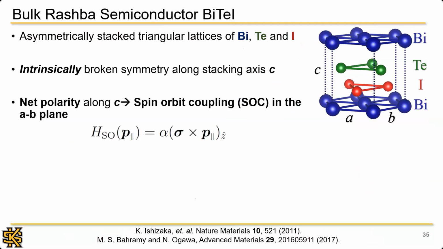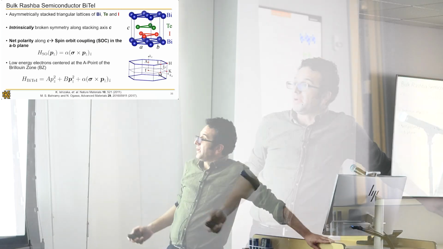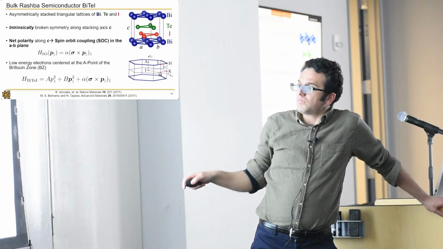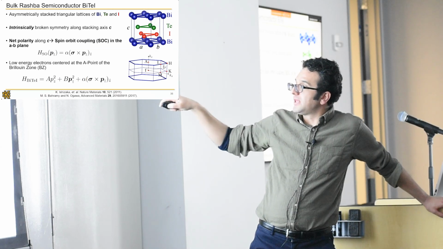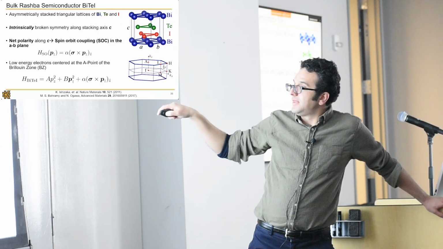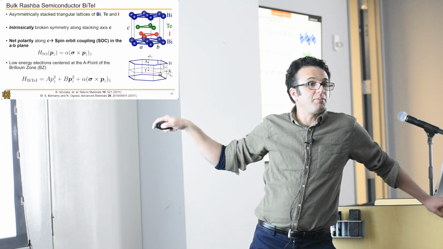So in the plane of my material, in the AB axis, which is the XY, let's call it, we have a spin-orbit coupling. So now, if we use density functional theory or k dot p theory, we find that the low energy electrons of my material live at this point that is called the A point in the Brillouin zone.